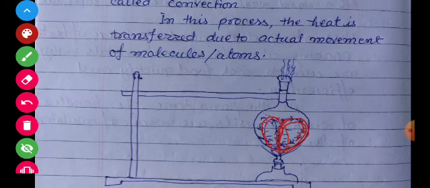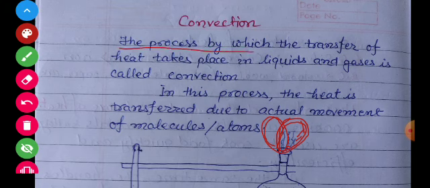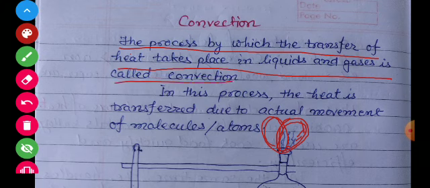So by convection current only, the transfer of heat takes place, and this method, as we have discussed here, is the process by which the transfer of heat takes place in liquid and gas, called the convection method.